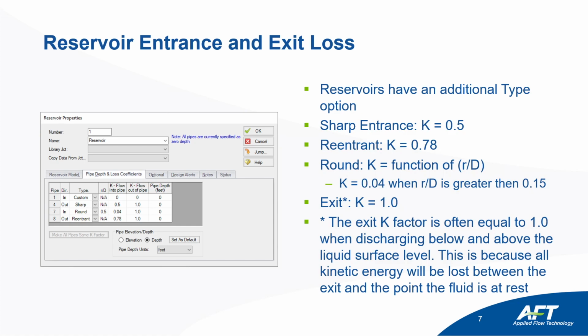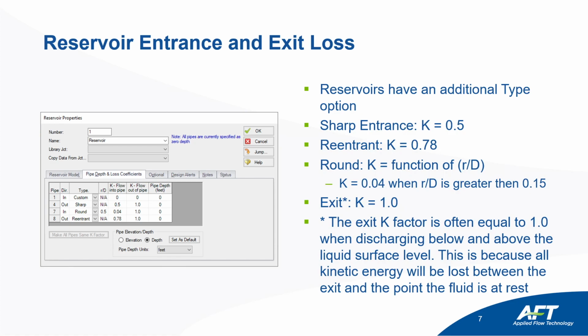A curious note to point out is the K flow out of pipe for all of these options is going to be a steady 1.0. And I put a little asterisk here. K equaling 1 is quite often used and quite often found for any kind of exit flow conditions. This is useful for when you are discharging the pipe into the reservoir either below or above the liquid surface level.